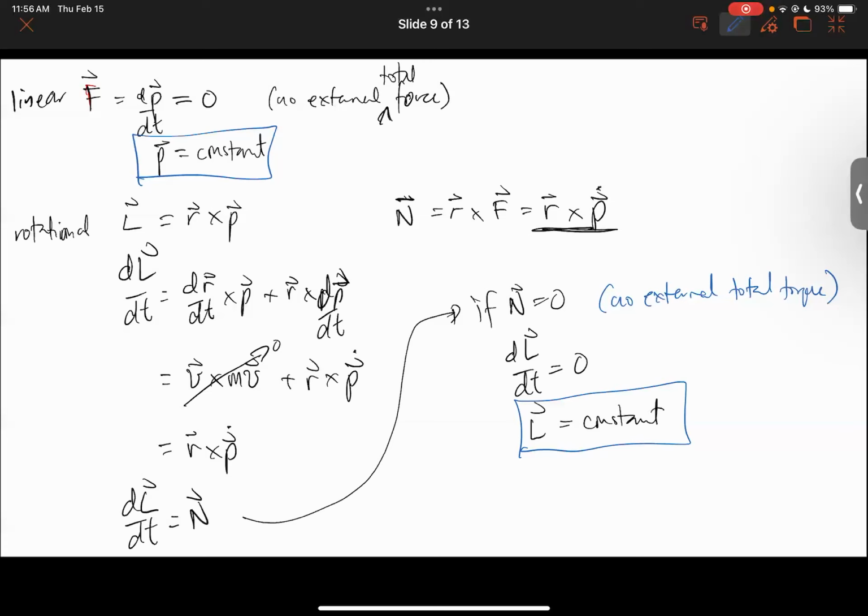And then yung third na conservation natin is about energy. We start off with definition of work. So yung work is just the integral of F dot dr. And recall na yung F dot dr is just F dot m dv/dt.